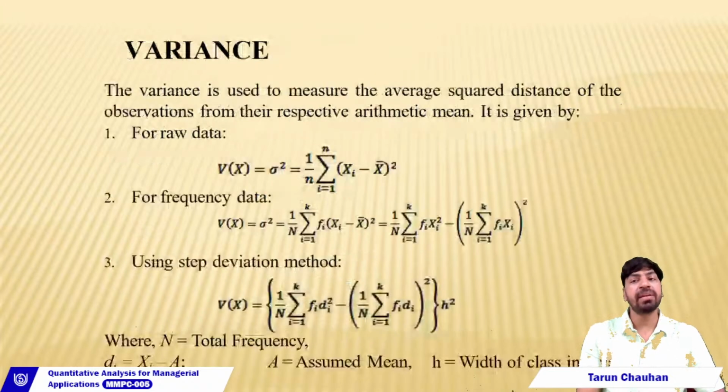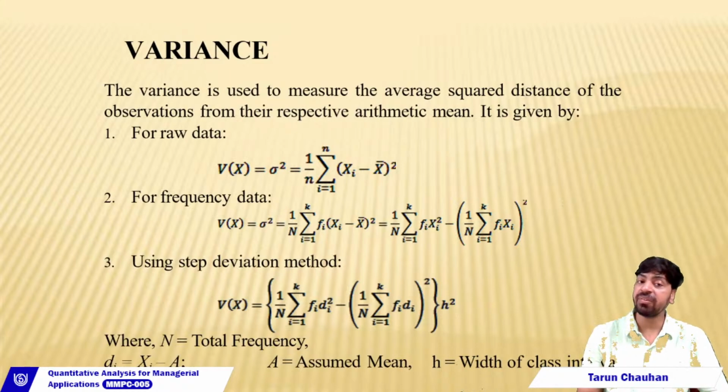This is called the variance. Variance is used to calculate the average squared distance of the observations from their respective means. For individual data, it's sigma x minus x bar whole square by n.